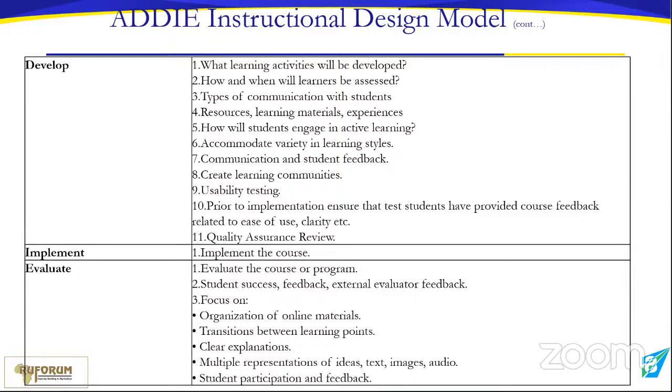Evaluation. To evaluate the course, as we've already indicated, it's a prerequisite in any education to assess the progression of knowledge access and assimilation. So we need to evaluate. What are we evaluating? Student success, but their feedback as well. Can we also have external evaluators?